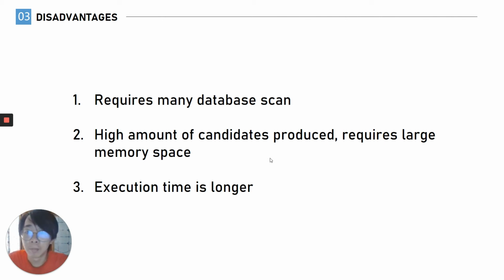After each iteration it generates candidates again, so it produces a high number of candidates, and this requires a large memory space for execution. Because it scans so many times and requires high memory space, the execution time will definitely be much longer compared to other algorithms. So these are the advantages and disadvantages of the Apriori algorithm.